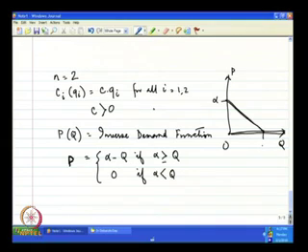Here also it is alpha, and this demand function is in fact this part plus this vertical part. So, this is the demand function in the market.